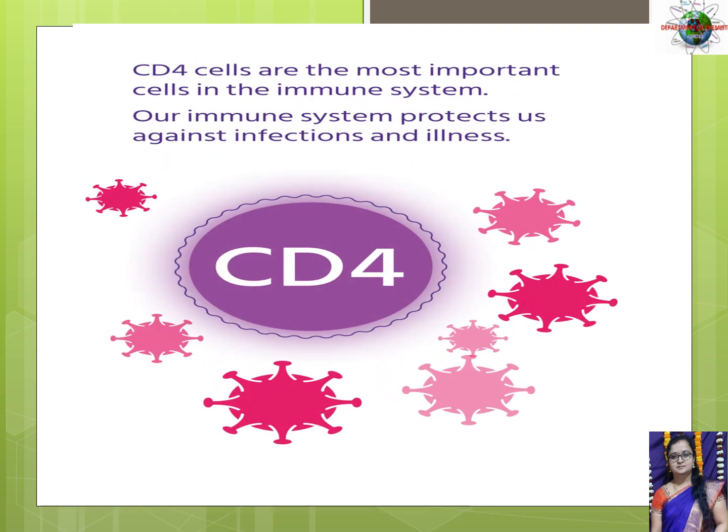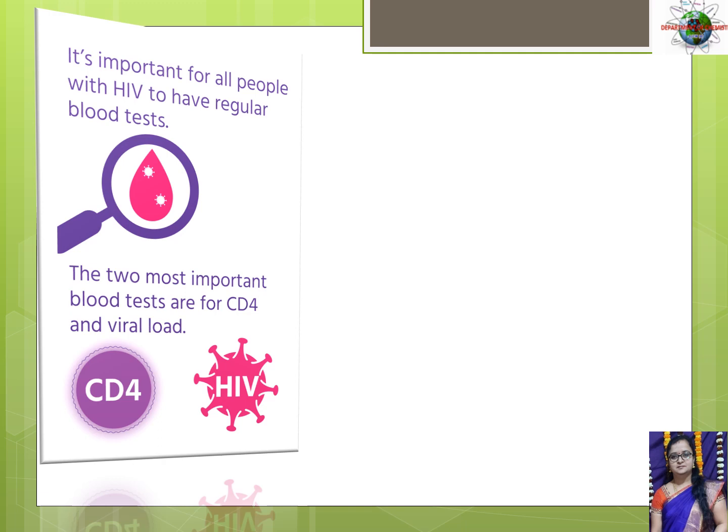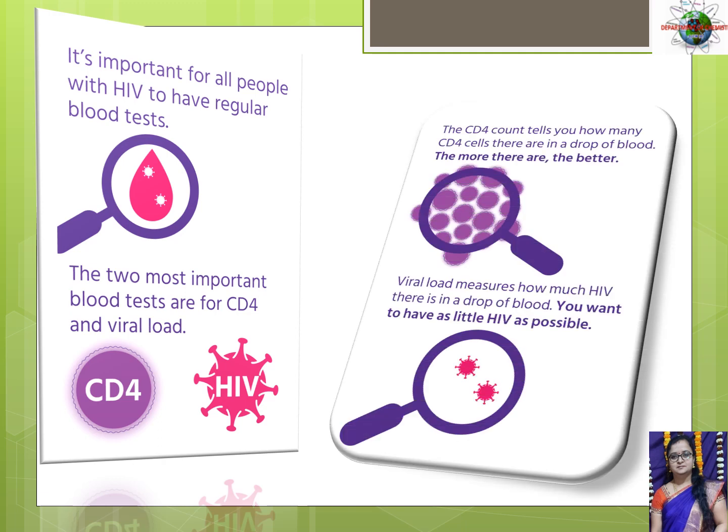These are the CD4 cells and these are the viruses which are infecting these CD4 cells. CD4 cells protect the immune system against infections and illness. It's important for all people with HIV to have regular blood tests.